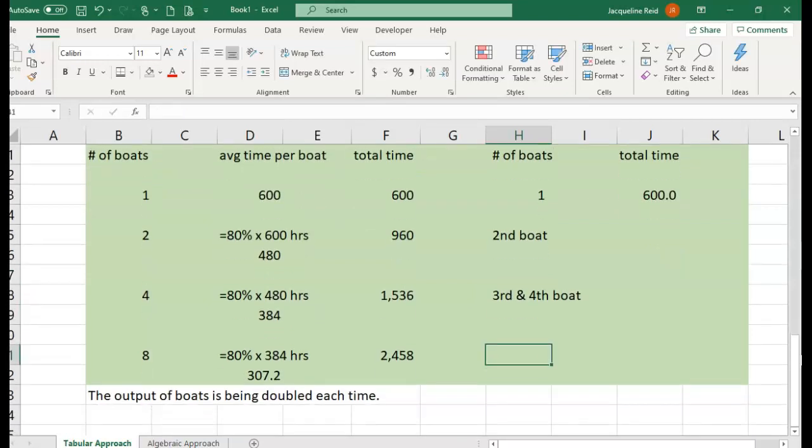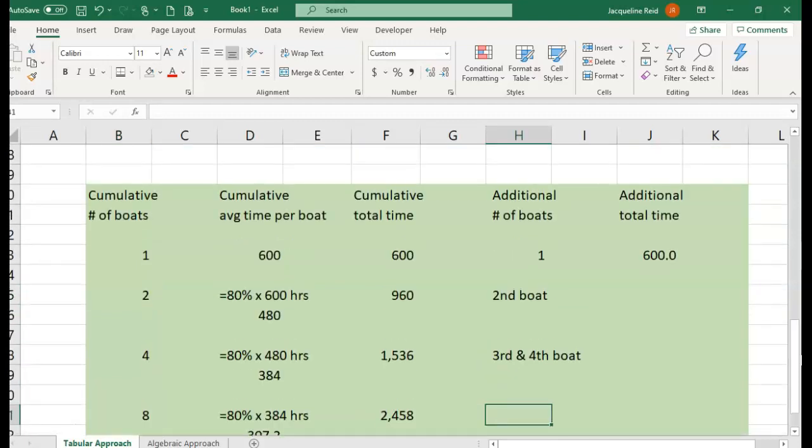In this one here, when they made 4 boats, it was 2 boats more than that event, the third and fourth boats. In this situation, it is 4 boats more than that event. So it means then that the additional boats made when compared to the previous event are the 5th, 6th, 7th, and 8th boat.